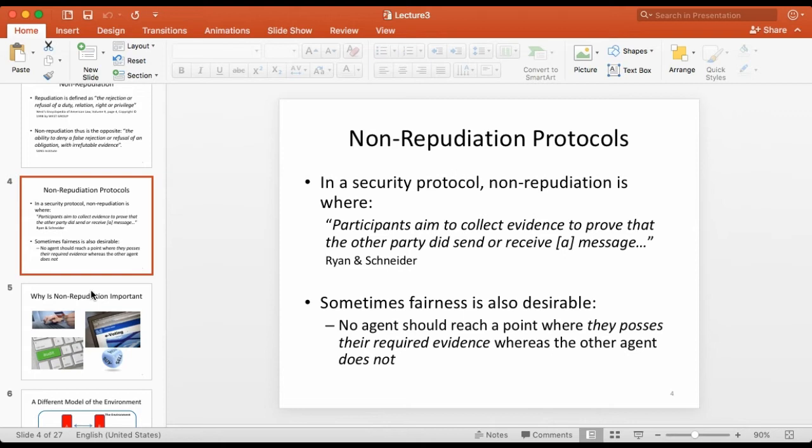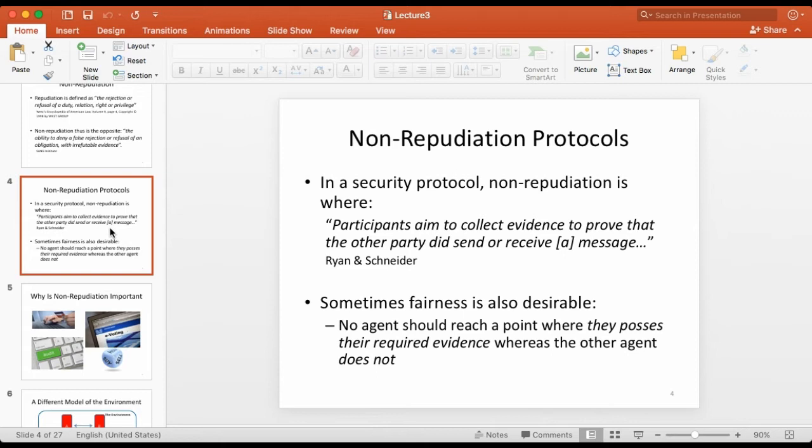We are interested here merely in these two actions only, sending of a message and receiving of a message, and that's because we are essentially working within the context of communication networks and communication protocols.